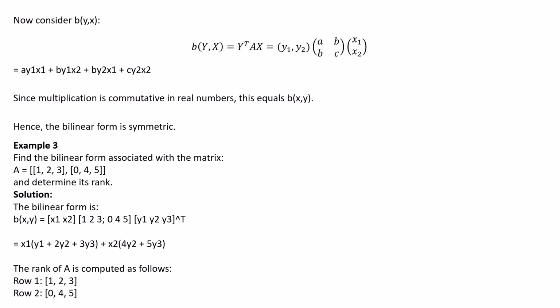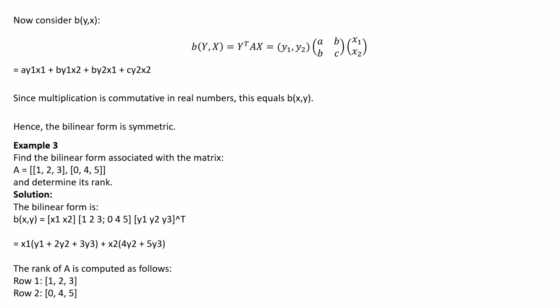The binomial form is given with x1, x2, because we have two rows and three columns, a 2 by 3 matrix. So we have x1, x2, then the coefficients 1, 2, 3, then 0, 4, 5, then our y, which is y1, y2, and y3. What we do now is multiply.